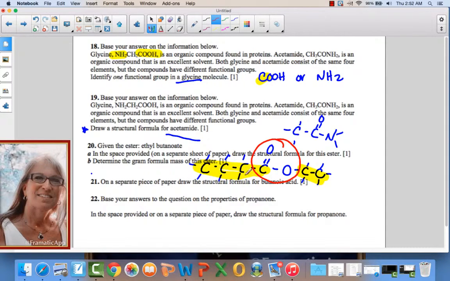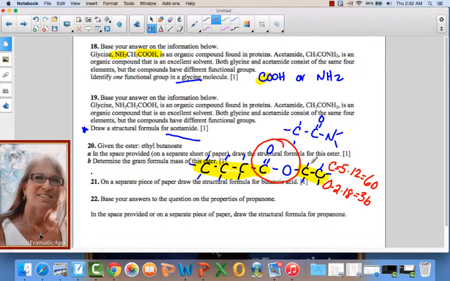I've got 1, 2, 3, 4, 5. Got 5 C's. So it's 5 times 12, which is going to be 60. And I've got 2 O's times 18, which is 36.